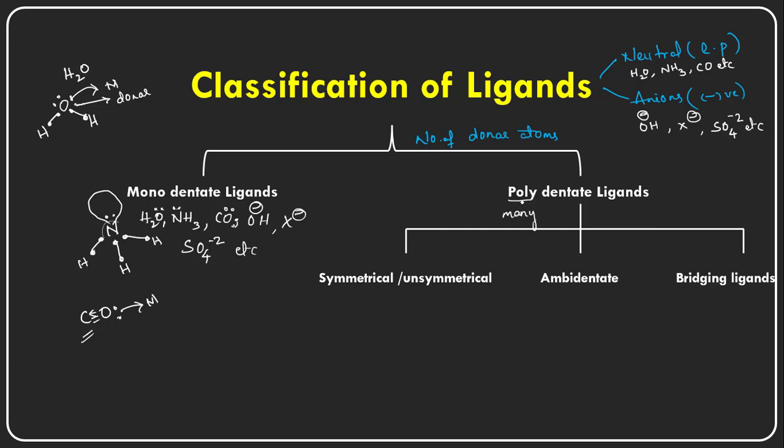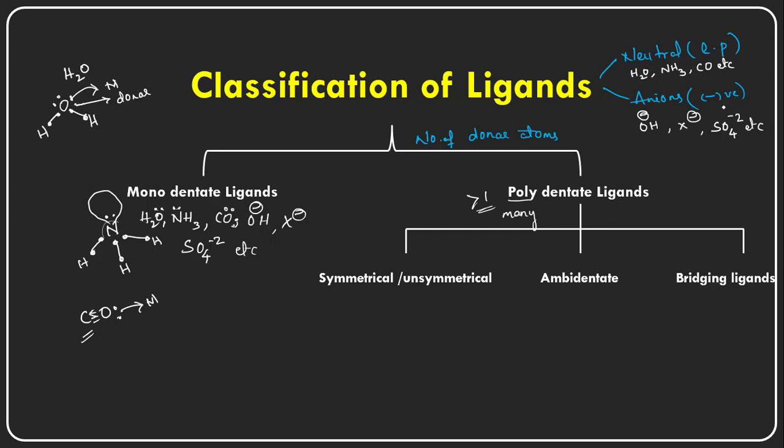That means more than one, greater than one. And dentate means donor atoms. So more than one donor atoms present in the ligand; those are called polydentate ligands. They also might be neutral molecules or anionic molecules.